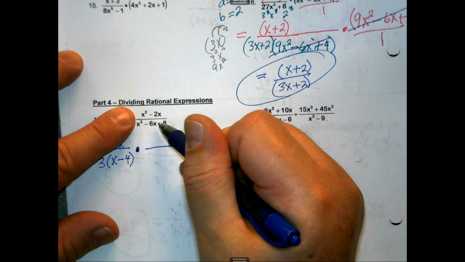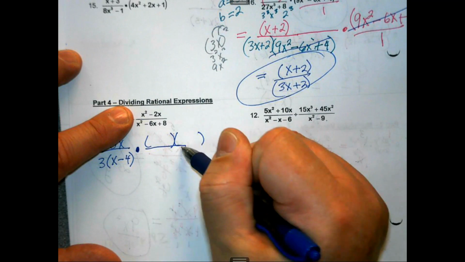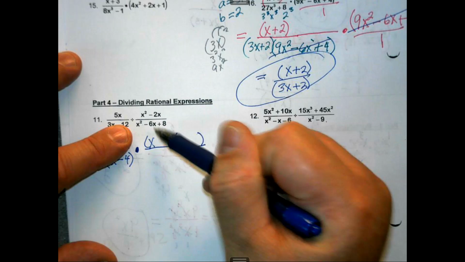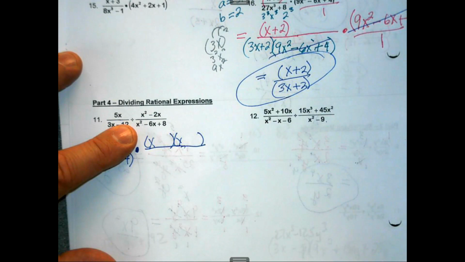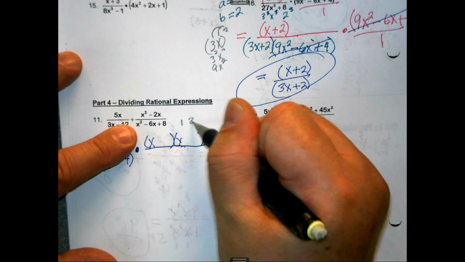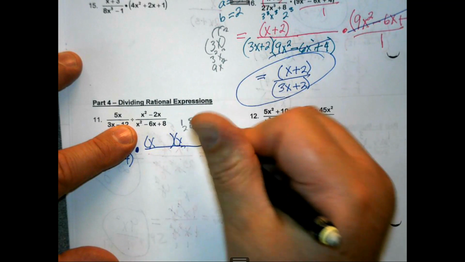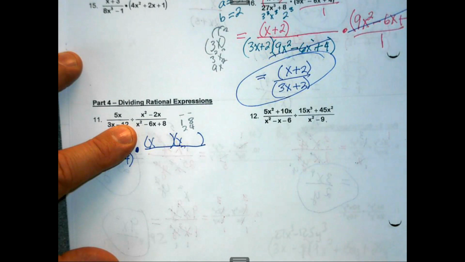Now I'm going to go ahead and factor that at the same time. Okay? X times x gives me x squared. Factors of 8. See, 1 and 8, 2 and 4. It's the same sign. So I'm going to use a negative negative because they're going to have to add up to a negative.